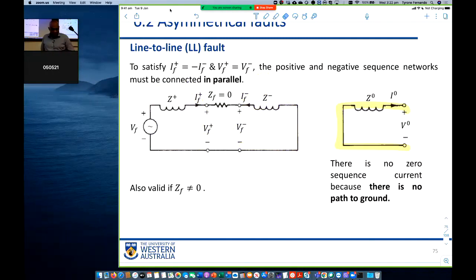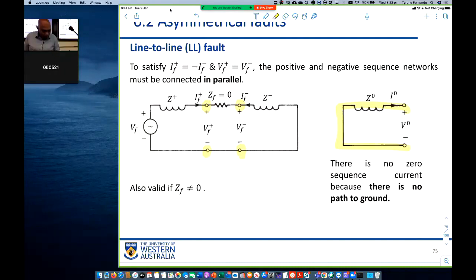So you know that this is the positive sequence circuit. You know that this is the negative sequence circuit. You also know that the positive sequence voltage has to appear across these two terminals. Negative sequence voltage has to appear across those two terminals. And we have connected them in parallel because they both have to be the same. That's what our analysis shows.